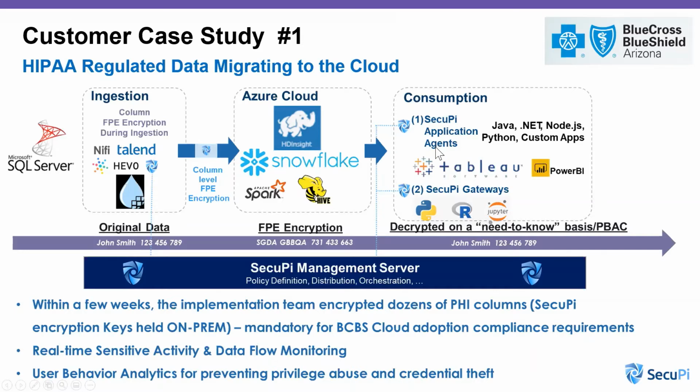And then on the consumption side, whatever tool or method you're using to consume the data, even direct, data scientists with a Jupyter connection directly to the database in the cloud. They can have agents installed that provide the re-identification only for authorized users based on a wide range of different attributes, not just their role memberships, right?